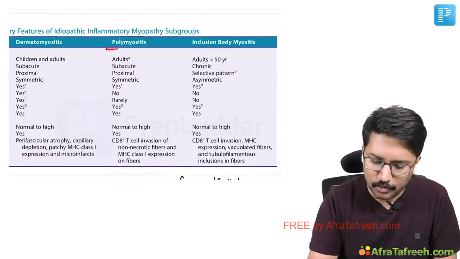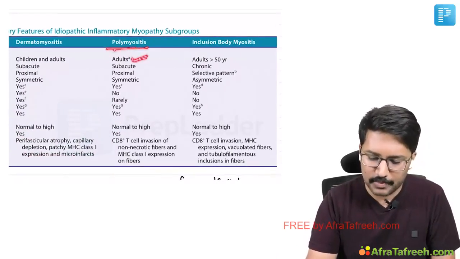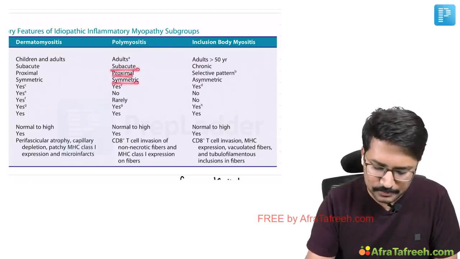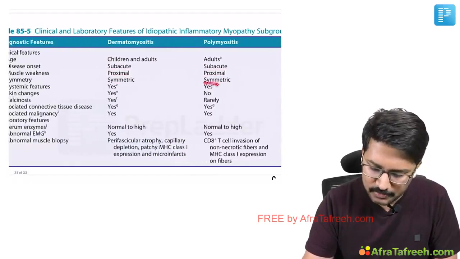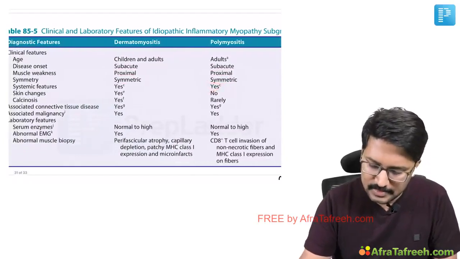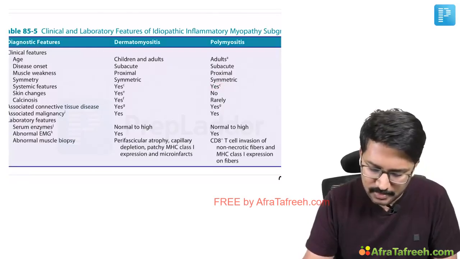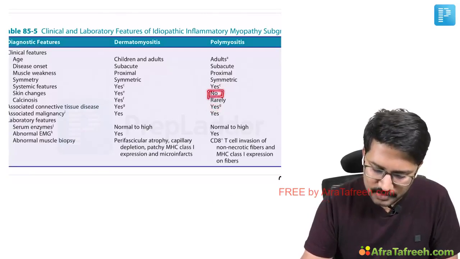Okay. When we talk about polymyositis, adults only, not in the pediatric age group. Subacute, usually proximal, symmetric. Yes, there is involvement of systemic features. Malignancy association is present, but relatively rare, not very common, right? Skin changes, no, we are not expecting skin changes.